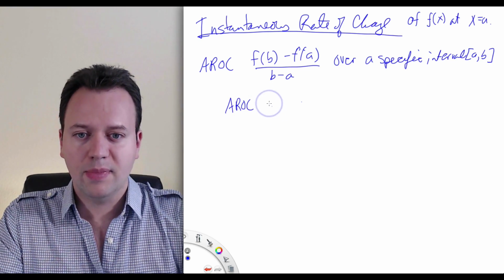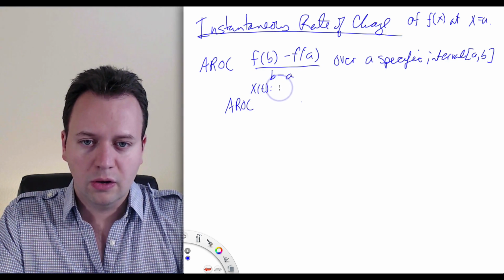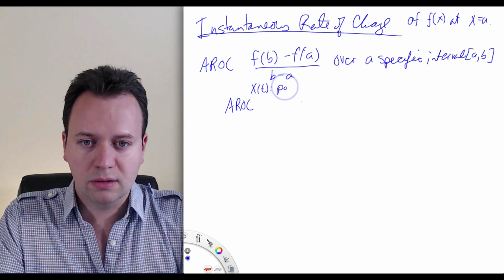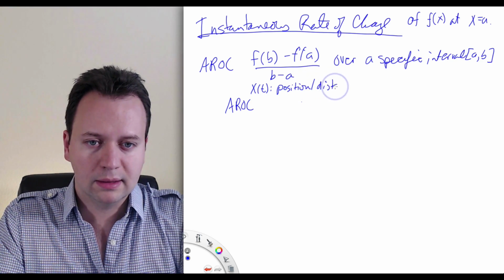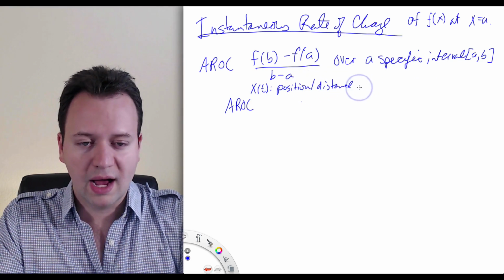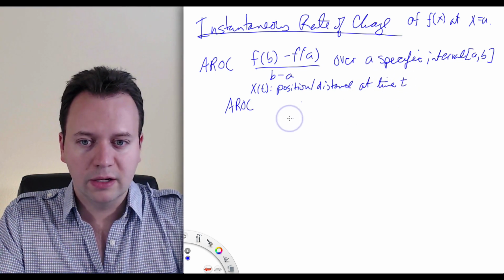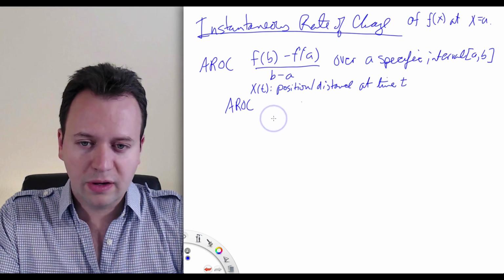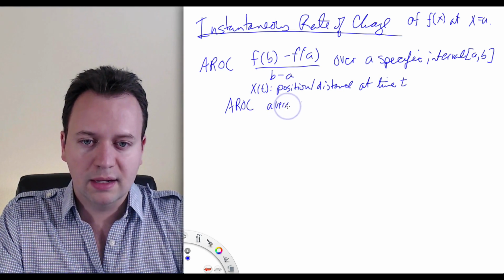So here let's think about x of t being just your position or your distance that you traveled at time t. Right, so the average rate of change, as we saw in a previous video, is just simply the average speed.